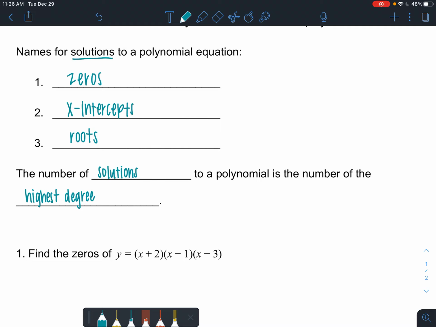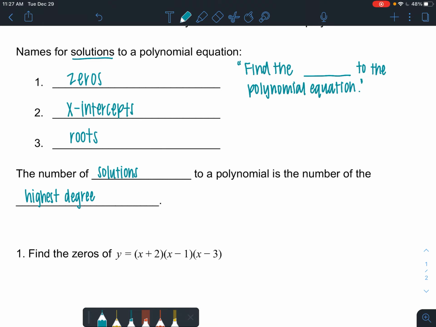So in the directions it might say find the blank to the polynomial equation, and what it means is find the zeros, the x-intercepts, the roots, whatever it is. So if it says that, all it means is solution. They all mean the same thing, but that's more of like a directions. That's why we are going over it.